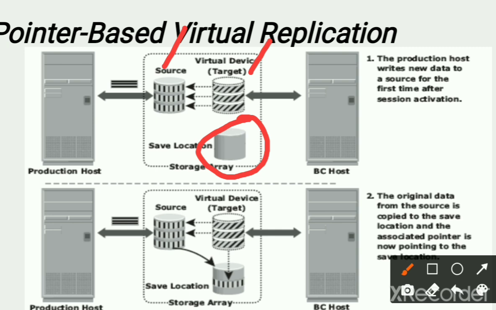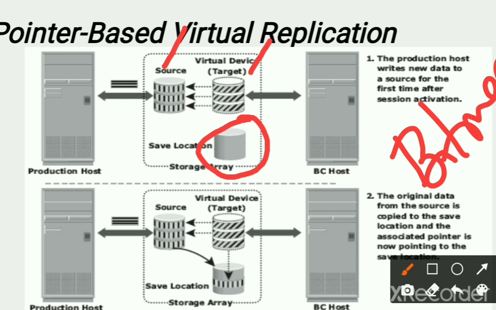In this pointer based virtual replication, as usual we use the bitmap, not to store the data exactly, but for whatever is written we have a pointer. Using that pointer, we are going to copy, and in this replication, the complete data is not copied onto the target device, which is acting as a virtual device.